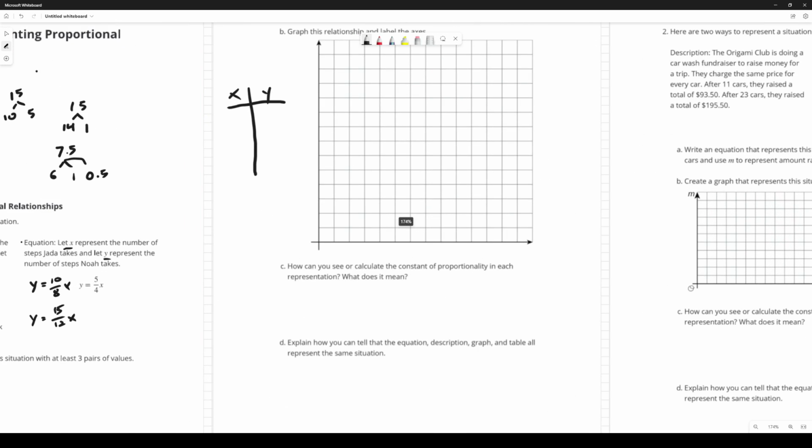So I'm going to go 4, 8, 12. And this is Jada, and Noah is the y value, and Noah is going to go 5, 10, 15. So let's label our axes here. So this is my x-axis. This is going to be Jada's steps. And my y-axis is going to be Noah's steps.